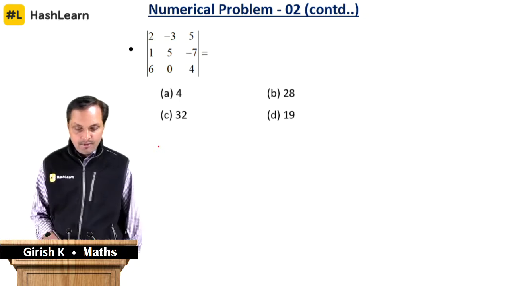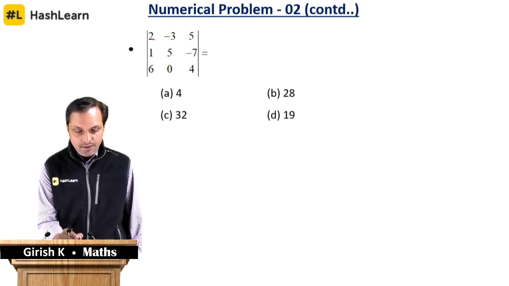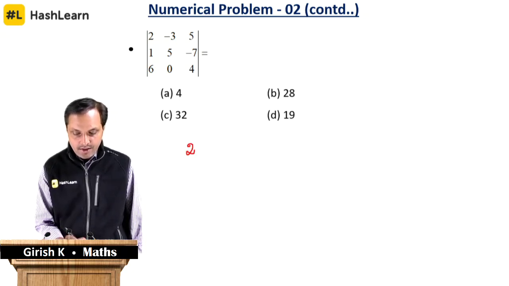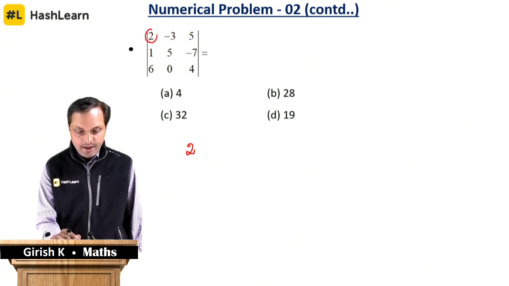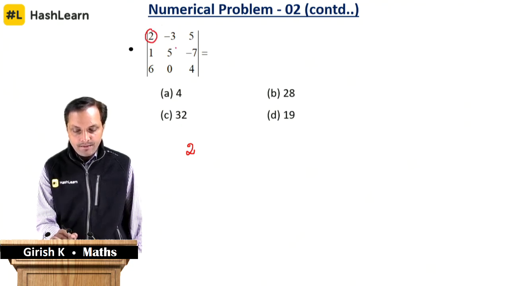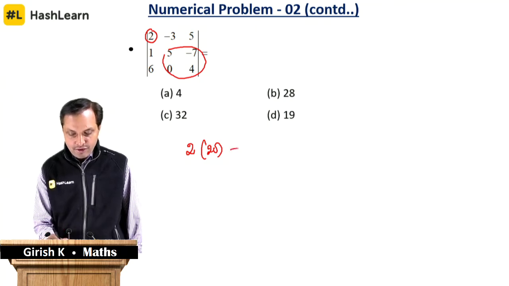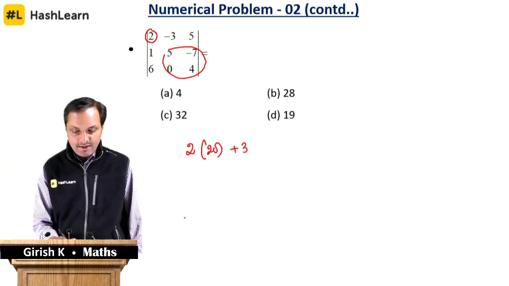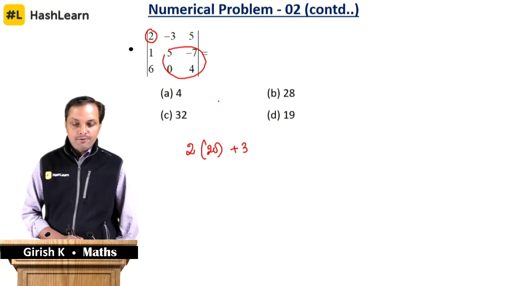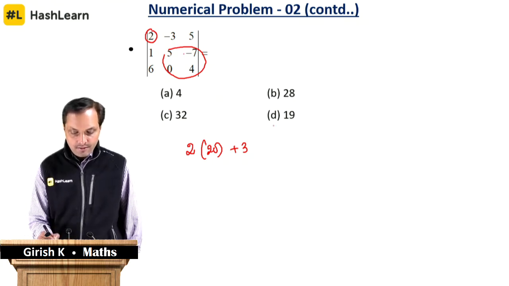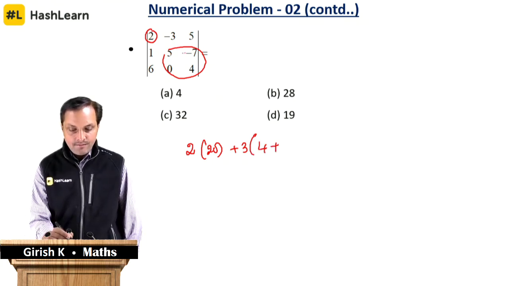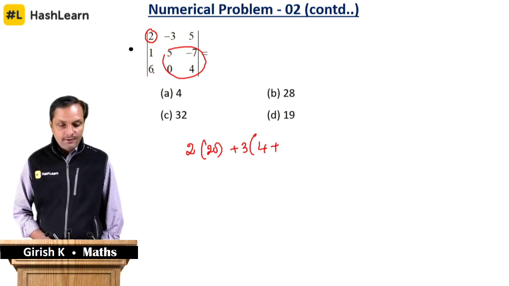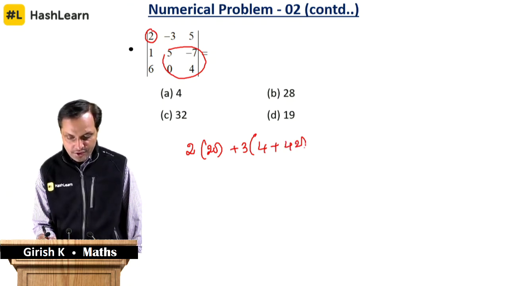Here the problem: what you need to do is take 2 into the determinant of the remaining elements, leaving the row and column. 5 into 4 is 20, minus 0, leave it. Minus of minus 3 will become plus 3, into the determinant: 4 ones are 4, plus 7 5s are 35, 7 6s are 42.